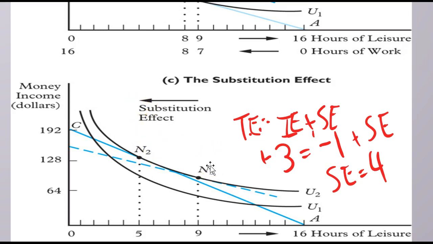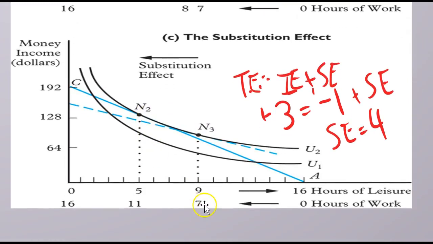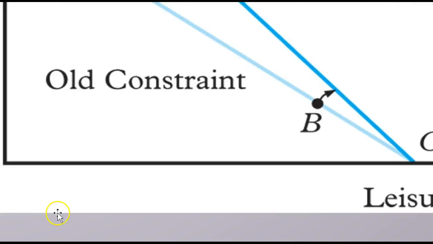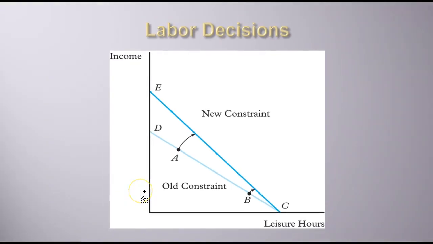So we go from where you got to from the income effect to what you observe, from N3 to N2, from 7 hours to 11 hours. These are really just showing the two effects and how they work.